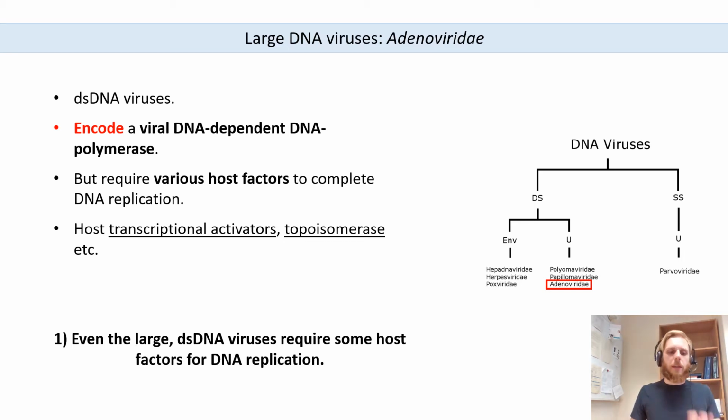Topoisomerase, again, it's an accessory enzyme. It's kind of putting the DNA in the right position. It's allowing for unwinding of the DNA. The key thing we need to remember is that these enzymes are involved in the process of genome replication for these DNA genomes, and they are cellular enzymes. They are not encoded by the virus.